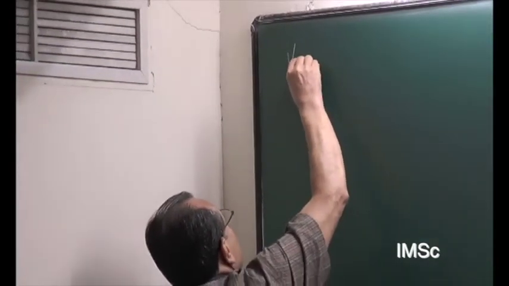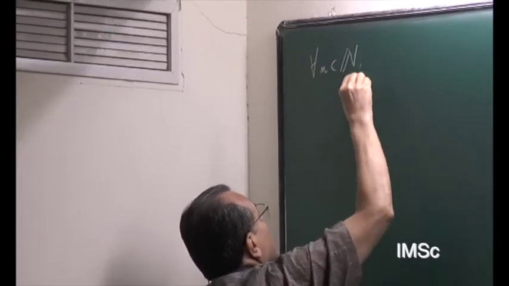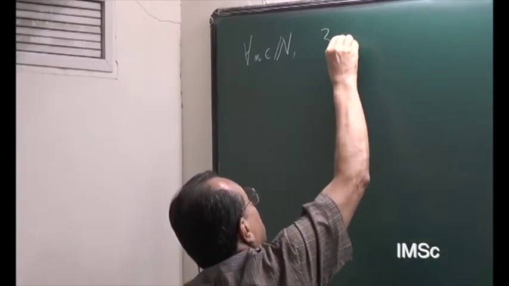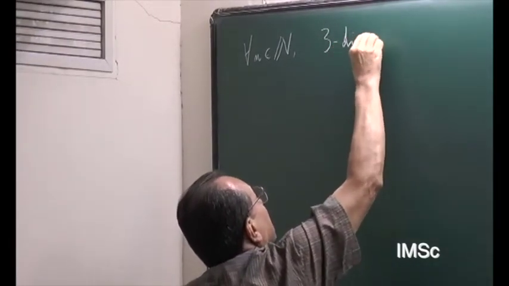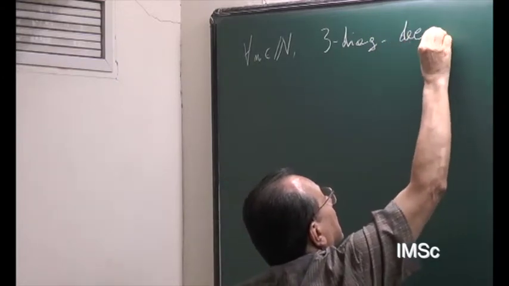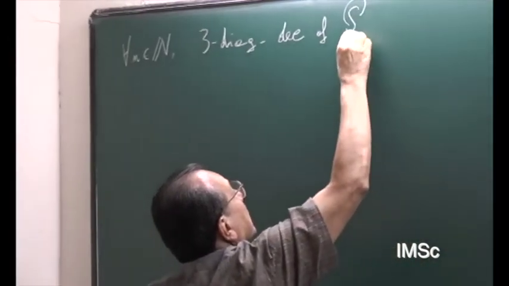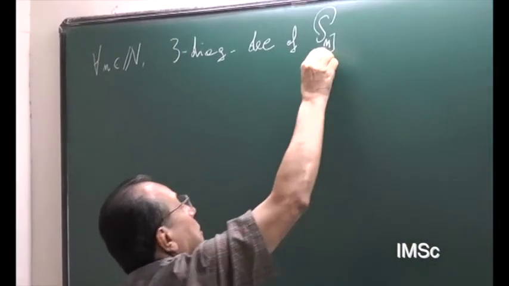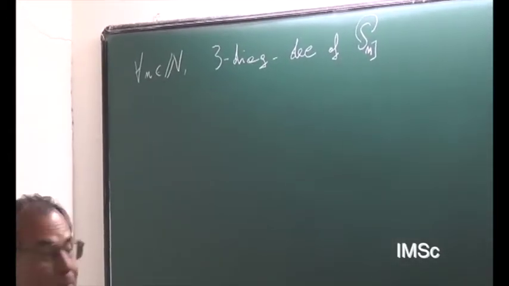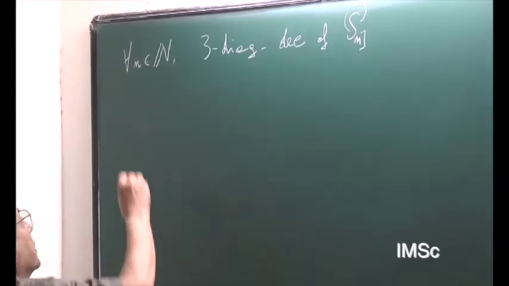If you have n, a natural integer, you say that a three-diagonal decomposition of the polynomials of degree less or equal than n is determined by a triple, three objects.